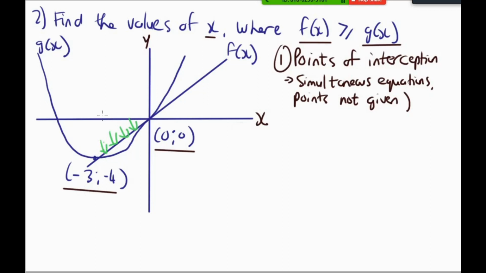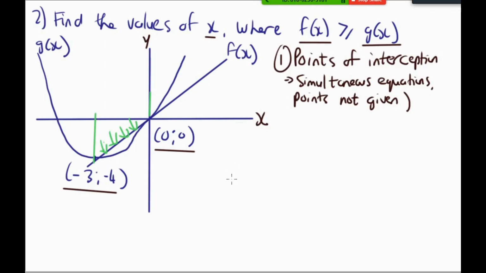So that means that the x values would be over here. It's from here to here, right? So this is the area where you'll find that your f(x) function is greater than your g(x) function.